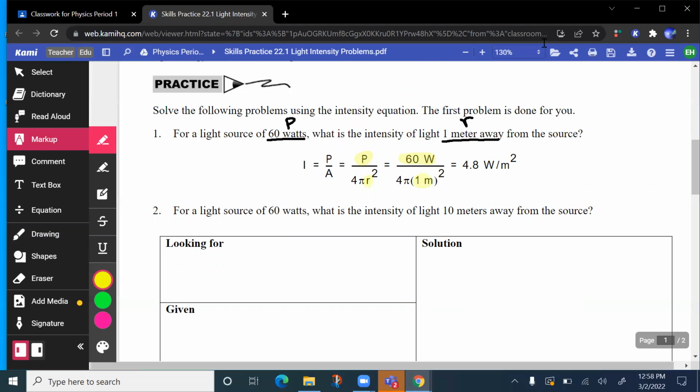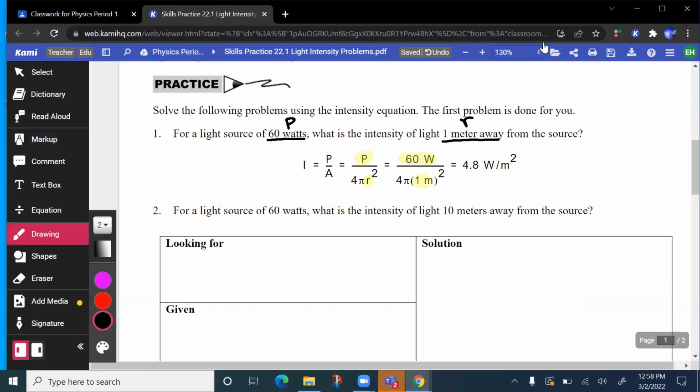Now, just to clarify how this calculation worked, before you actually calculate anything, go 1 squared, which is 1, times 4 times pi. Everybody has a pi button on their calculator. You just have to look for it.